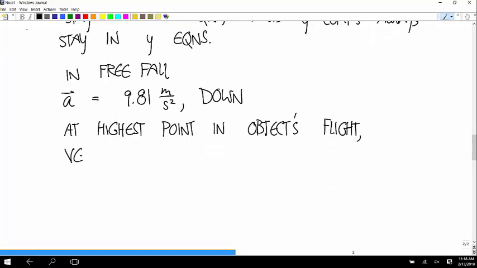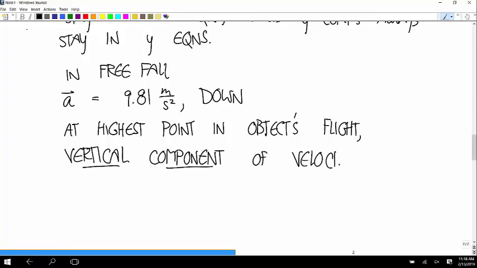The vertical component of velocity is 0. So if we have the y-axis pointing up like we usually are going to, that means that the y component of velocity is equal to 0. The x component of velocity doesn't have to be 0.